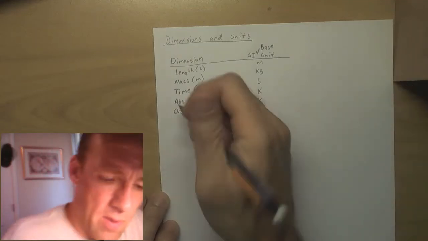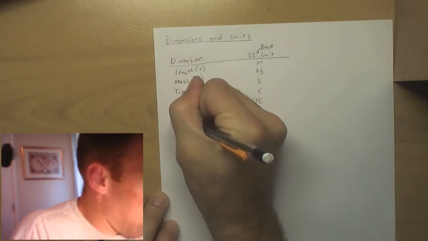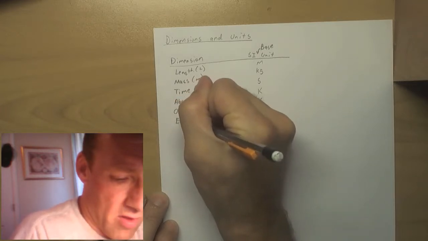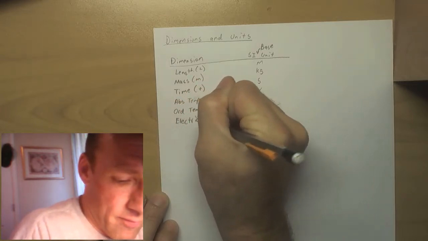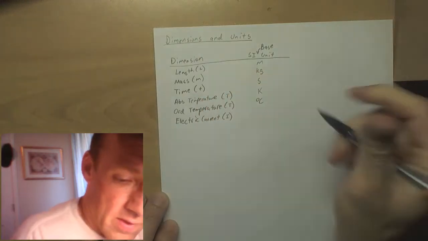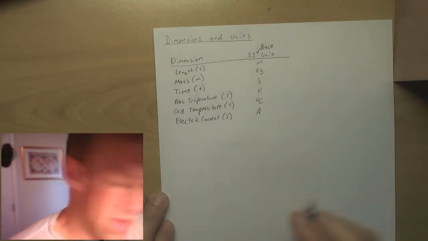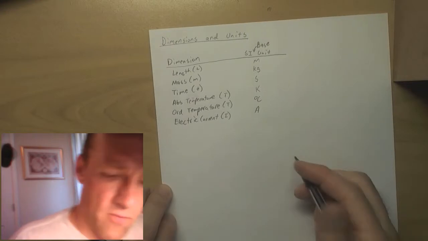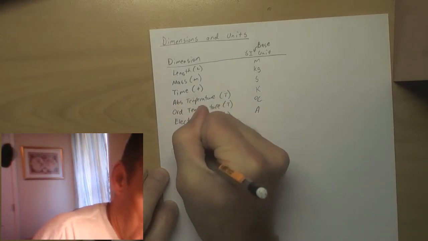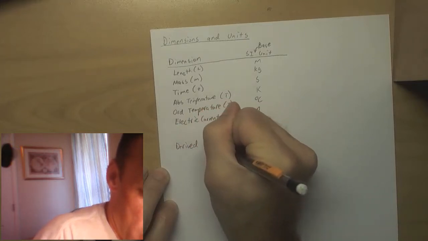Okay, maybe we can add electric current. We're going to touch on this a little bit. And that has units of amps. Okay. And then from these quantities we can derive other units.